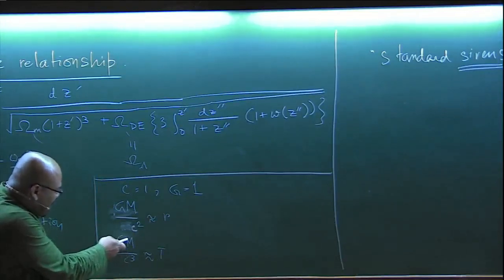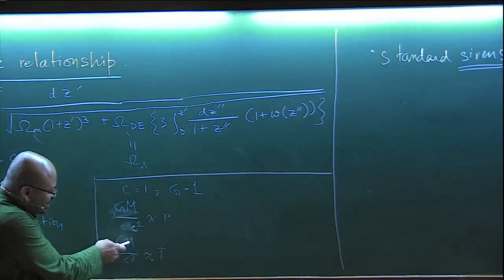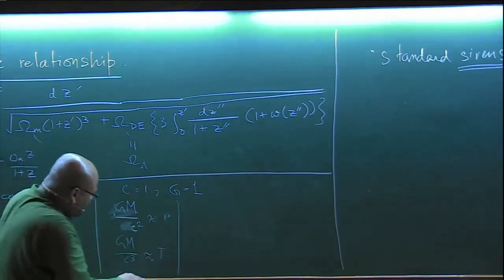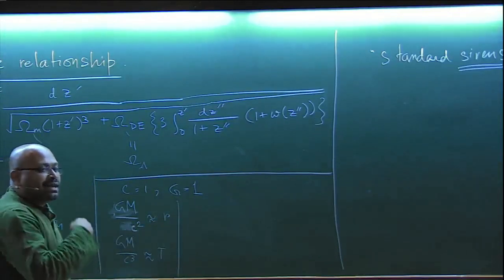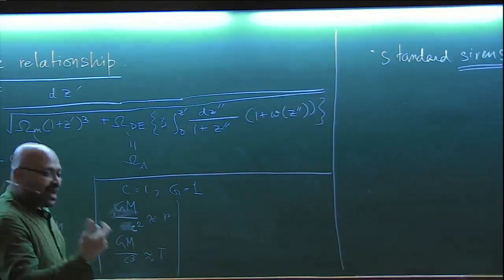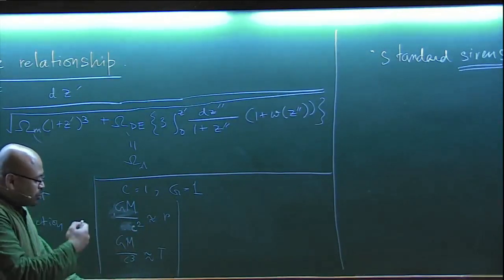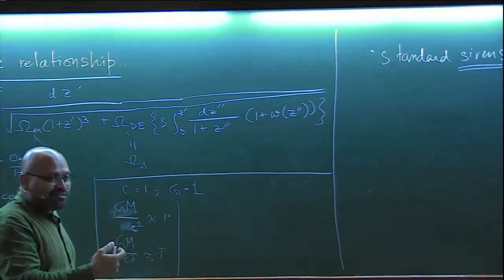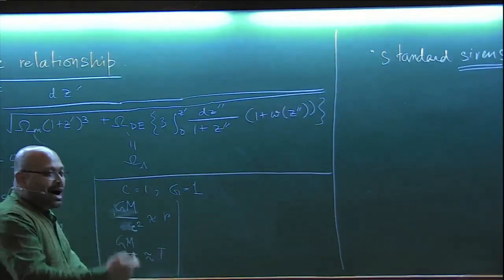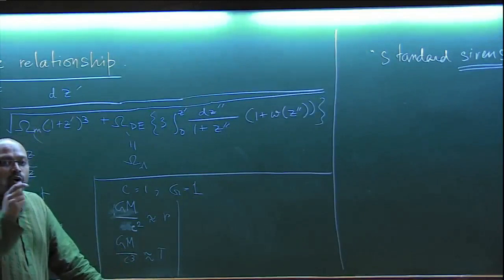When you talk about mass and you multiply by G and c, if these are set to 1, then mass also has time units. So if you double the mass, then the times would also be stretched, the times would become double, and the frequencies would become half. So the effect of increasing the mass is just going to lower frequencies for a system that has only gravity in it.